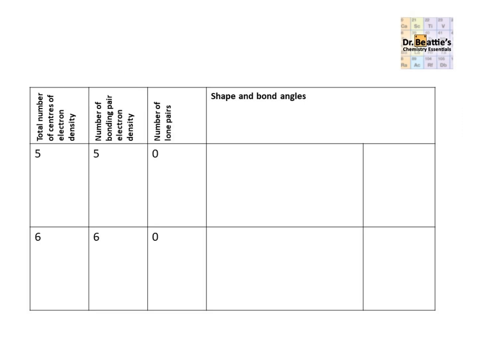Now if we look at the next set of examples, here we've got 5 areas of electron density around a central atom. We're going to look at the example PF5. This goes back to the first atom of the formula being our central atom, so we're going to put that in the centre. The way the 5 fluorines arrange themselves around this central atom in 3-dimensional space is going to be to get the different bonds as far apart as possible.